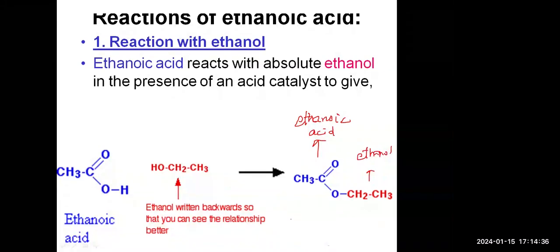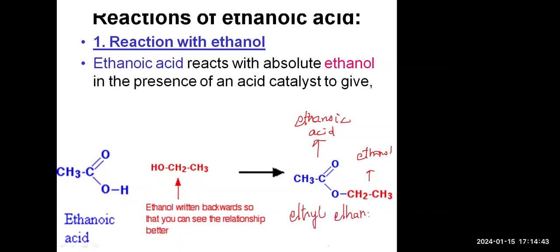So the name here is ethyl ethanoate. Ethyl ethanoate is the name of this ester. Actually, this ethyl ethanoate belongs to ester category.